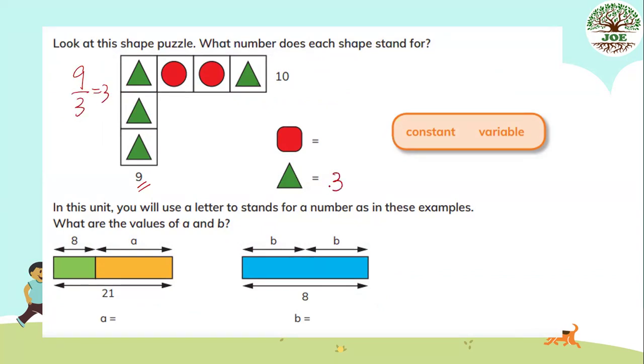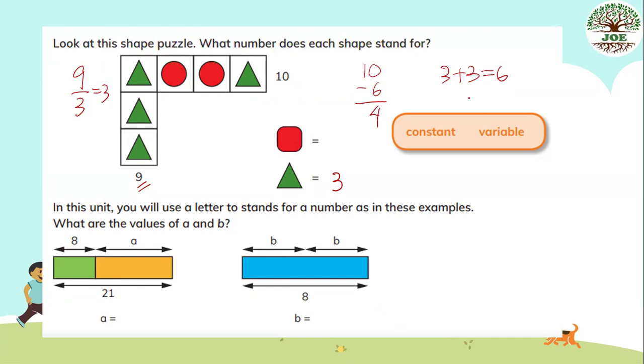Green is 3. And here, 2 greens and 2 reds are 10. 2 greens are 3 and 3. 3 plus 3 is 6. If we remove 2 greens, 6 from 10, it is 4.